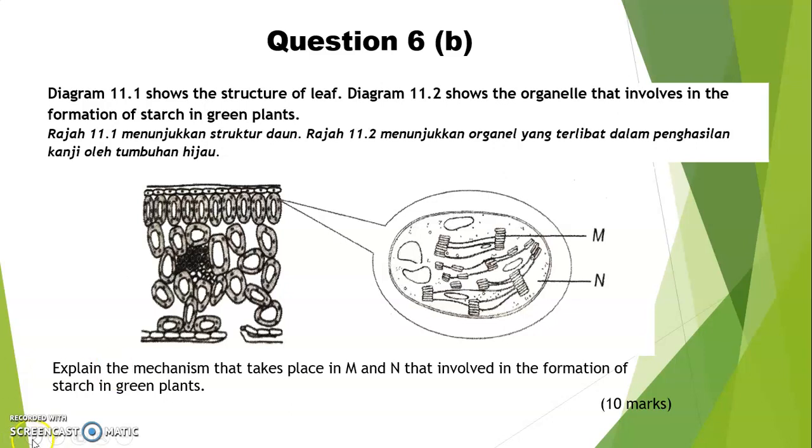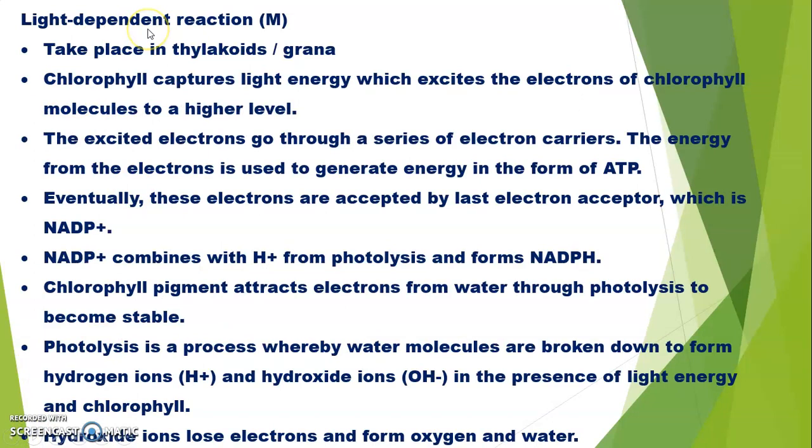Okay, we go to the answer scheme. First, you have to write about the light dependent reaction. It takes place in the thylakoid, or you can write in the grana, chlorophyll. You have to explain one by one. Follow the order, right?